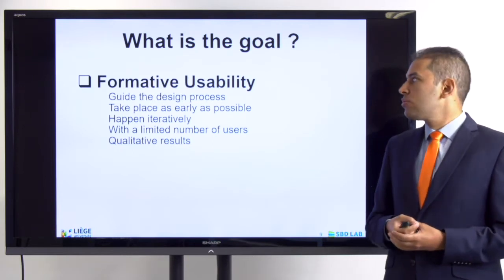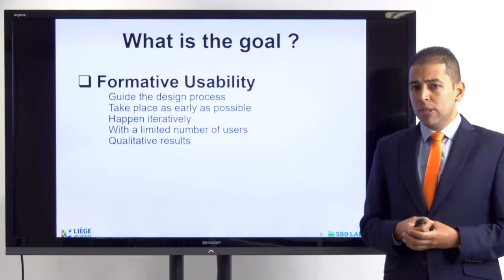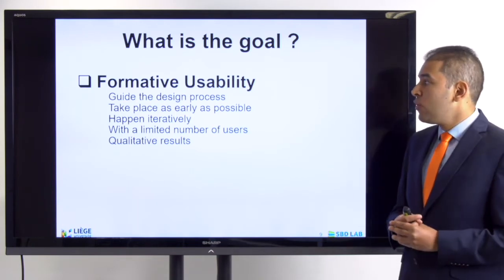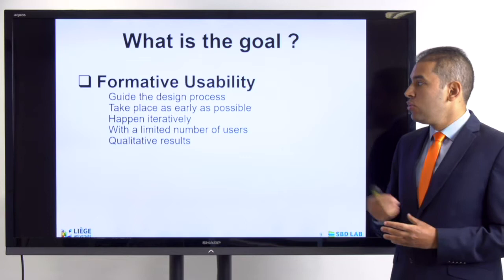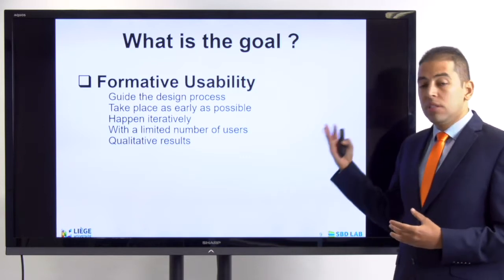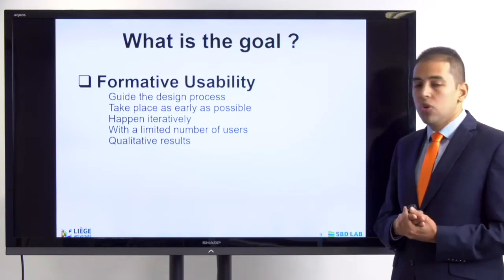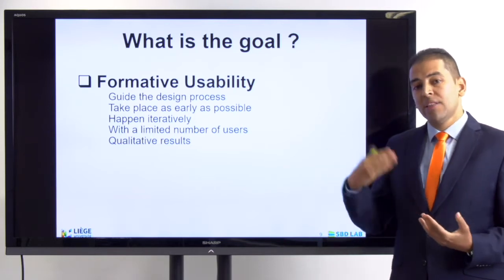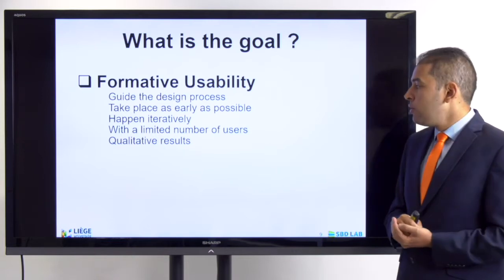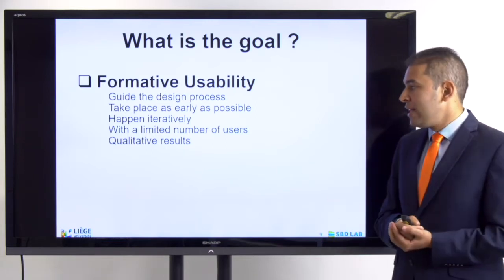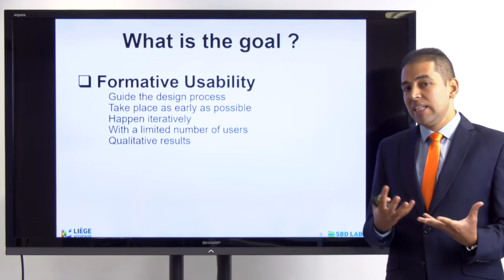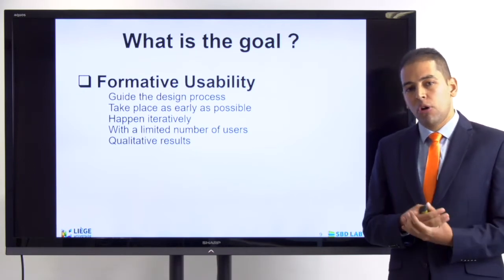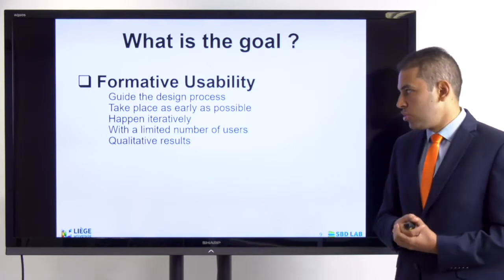Now, it's very important to talk about the different types of usability testing. Since we are talking about qualitative usability testing, I'm focusing here on formative usability. So I'm looking to guide the design process, taking place as early as possible with my tests. It happens iteratively, so I can repeat my test several times with a limited number of users, and definitely I'm looking for qualitative results to inform the development of my product or prototype or solution.